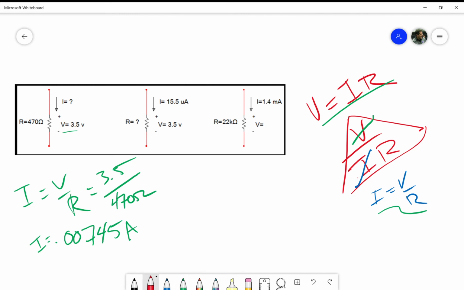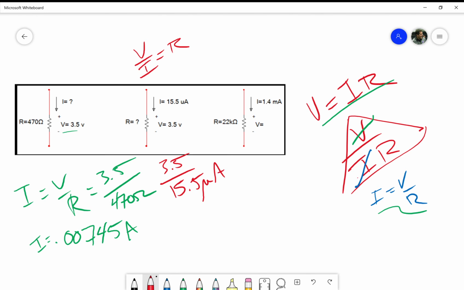Next one. I'll pick a new color here. Now we have current and we have voltage and we need resistance. So again, we're going to cover it up. We need resistance, so V over I is going to be R. We're going to do 3.5 again, divided by 15.5 microamps. That's a very small number.